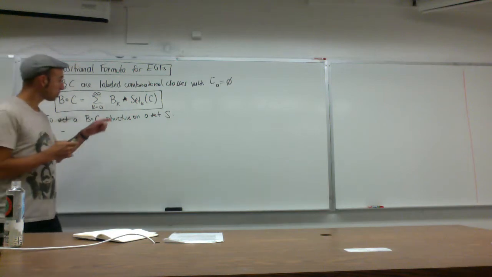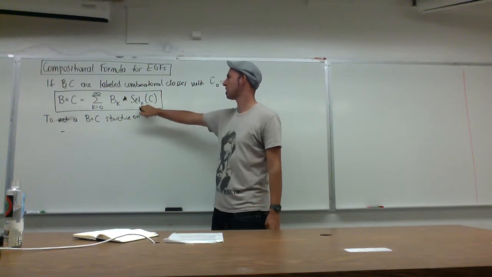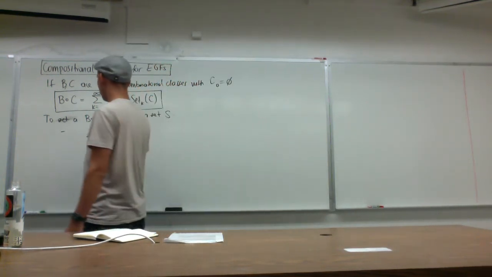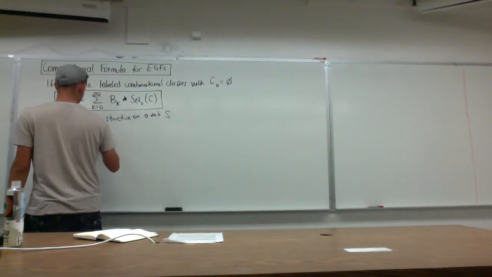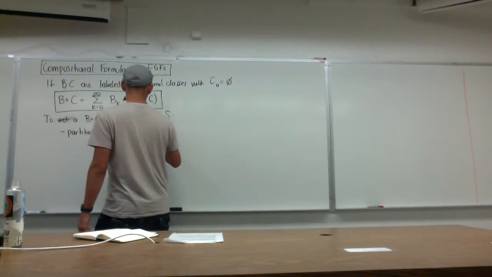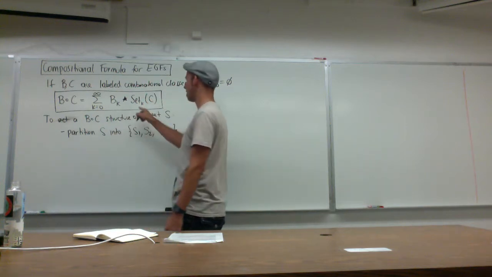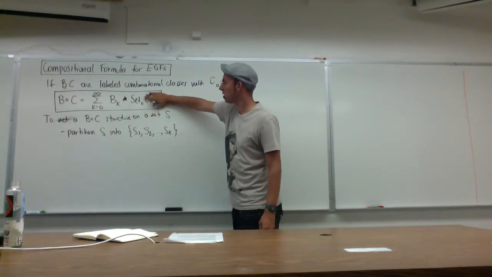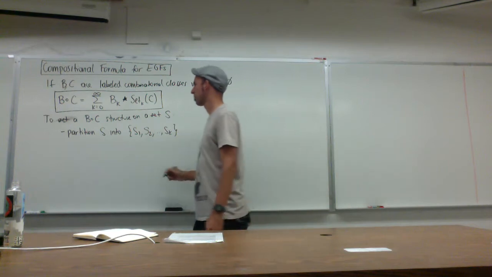For some value of k, we're going to take our set S and partition it into k pieces. Okay. So partition S into sets S1, S2, up to Sk. Okay, this is what this is doing. Well, this is what this is doing, but now we're going to put a C structure on each one of those sets.